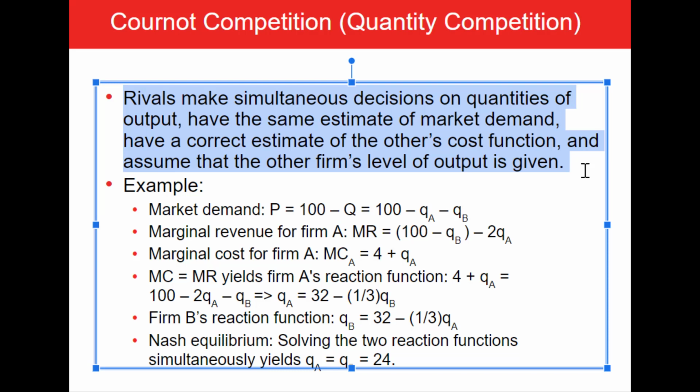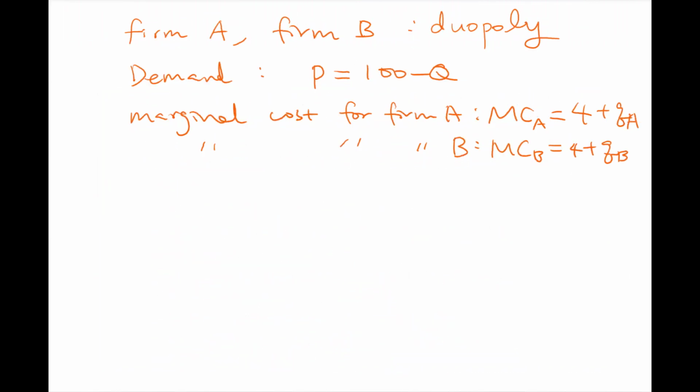But when each company determines its profit-maximizing quantity of output, the other company's decision is not in its hands. So each company makes its optimal decision, assuming the other company's decision is already determined, as if it is constant. That's the assumption. Let's look at the example given in the slide.